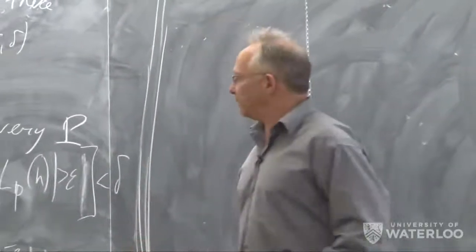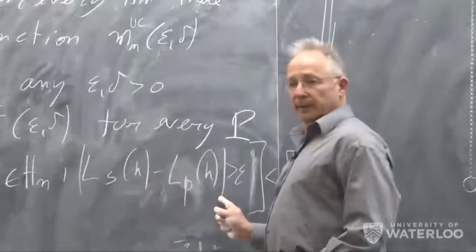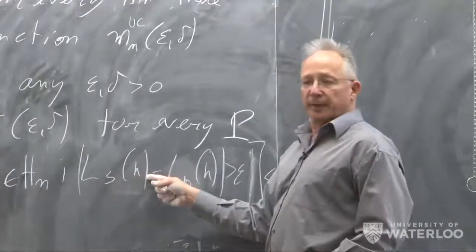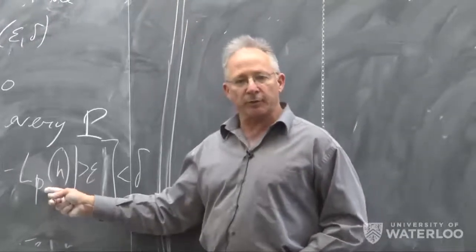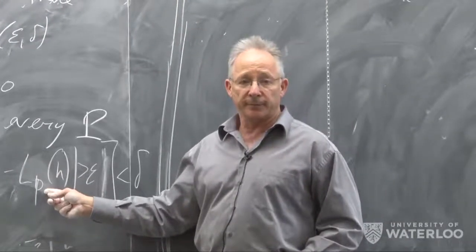It means that if you evaluate the loss with respect to the sample, it gets you an answer that's very close to the true loss of h.